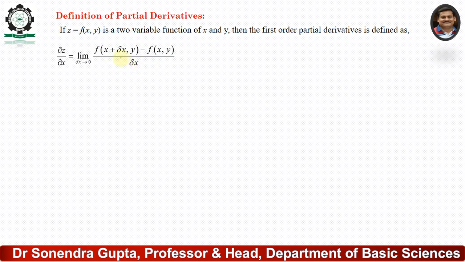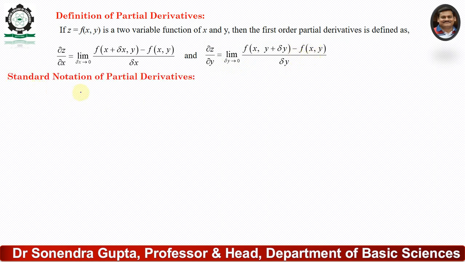In the one variable function we have only f of x, while in the two variable function we have x plus del x, also y, minus f of x y upon del x. Now del z upon del y equals limit del y tends to 0 of f of x, y plus del y minus f of x y, upon del y.